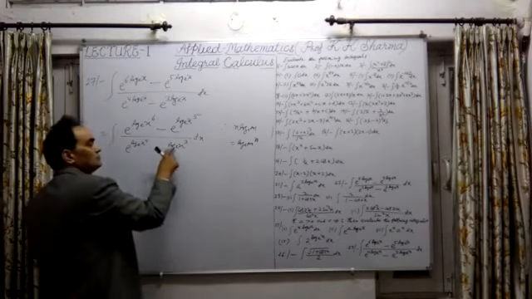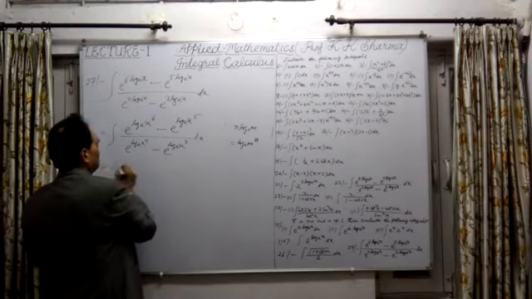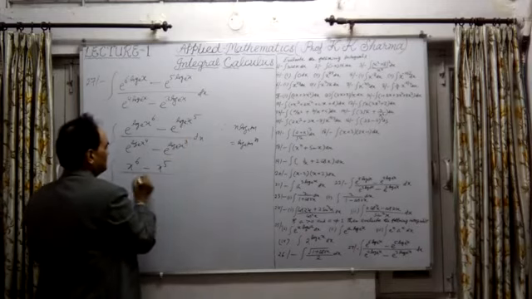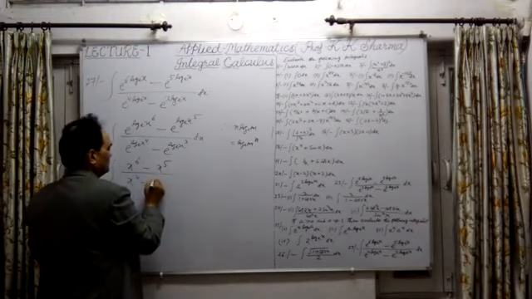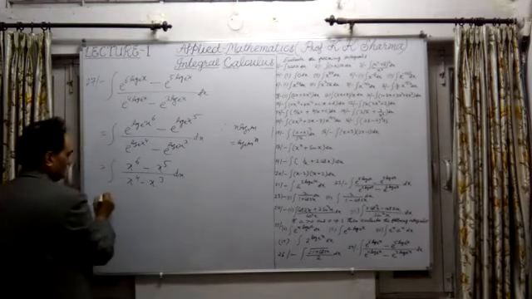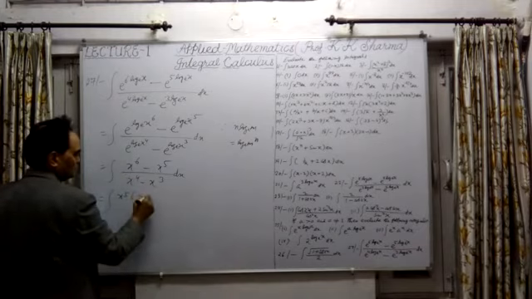Now e raised to log of e is 1, so this is nothing but x to the 6 minus x to the 5, divided by x to the 4 minus x cubed, dx. We can take x5 common in the numerator, this is x minus 1.